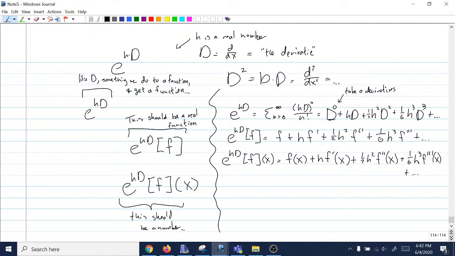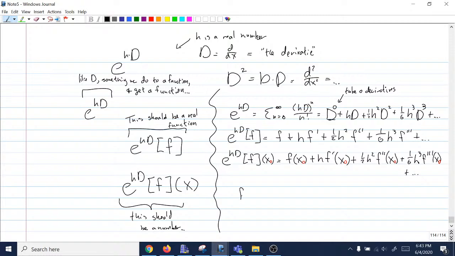This is familiar, but instead of doing it at the number x, we've usually been doing it at x naught. And instead of an h there, we usually had an x there.